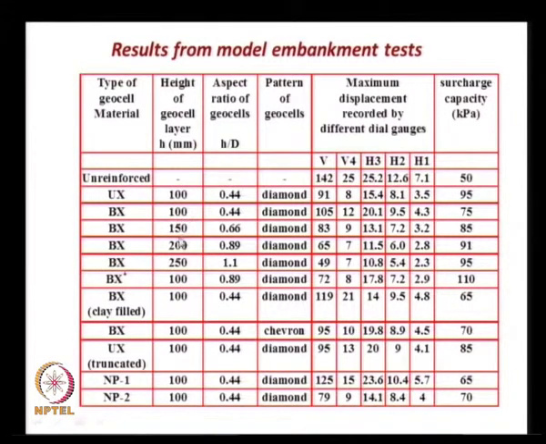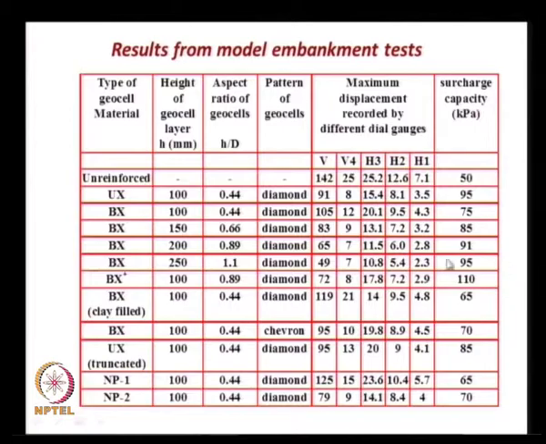The height in both cases, case number 3 and this one with a star, is the same 100 mm, but the pocket opening size is different. In this case the aspect ratio was 0.44, and in this case the aspect ratio was 0.89. The result is a substantial increase in the surcharge capacity.